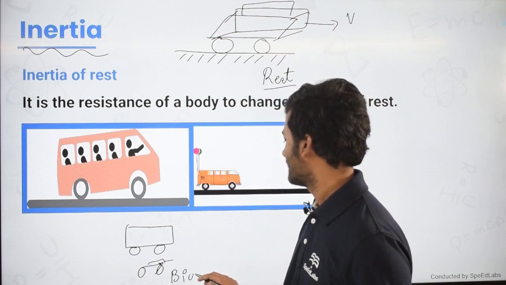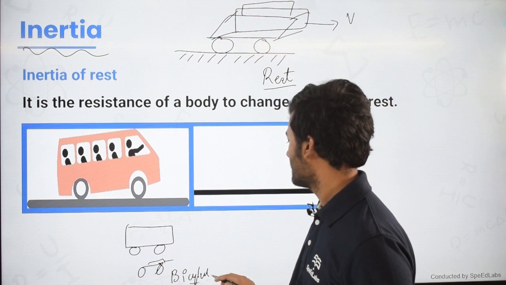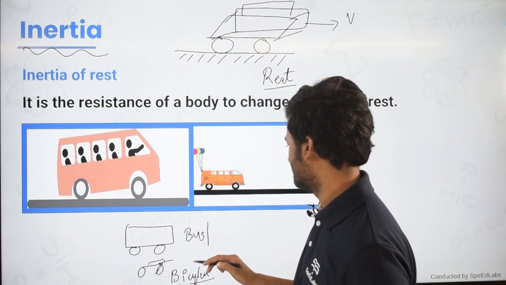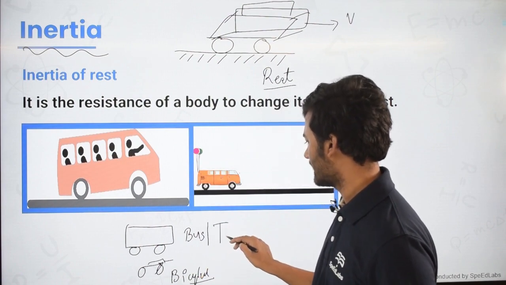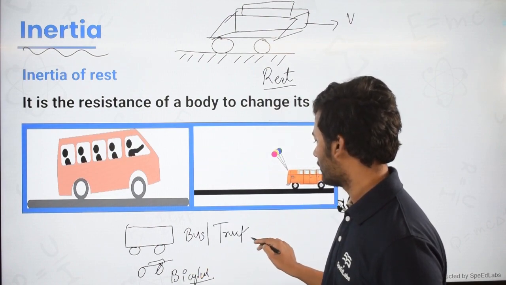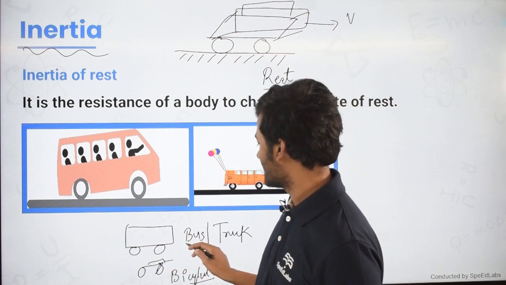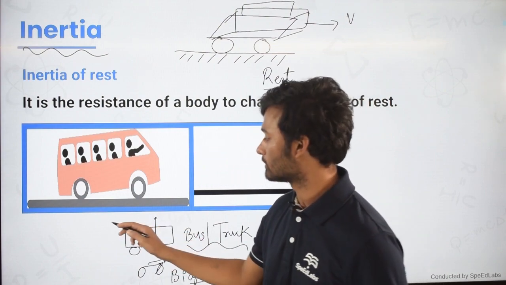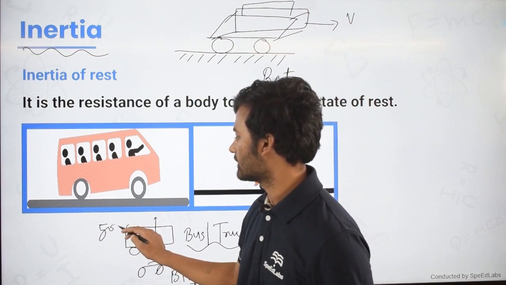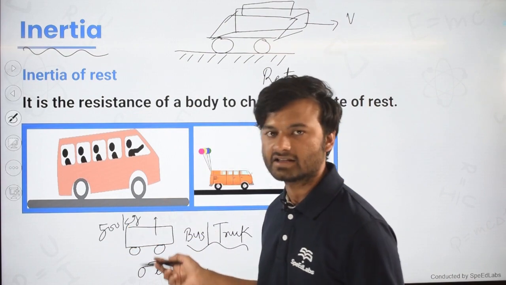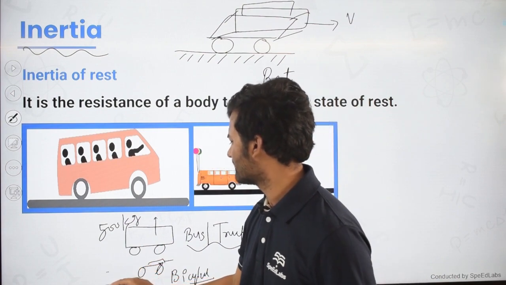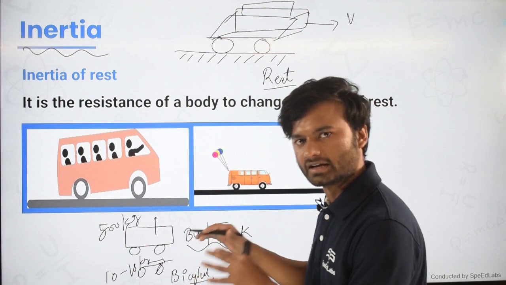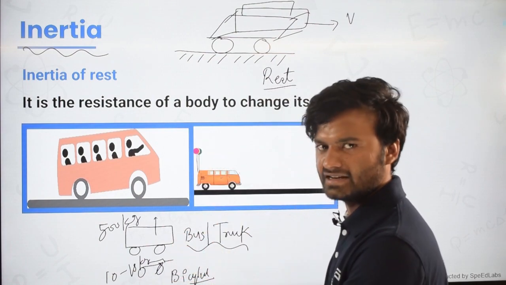This is my bicycle, and this is a bus, or you can consider this as a truck, anything. By logic we can say this bus and truck have higher mass, something like 500 kg and 600 kg, and this bicycle has hardly 10 to 15 kg mass. Consider these two initially at rest.